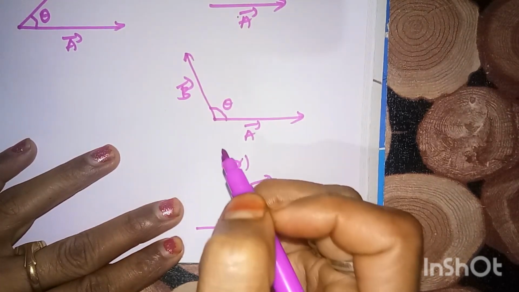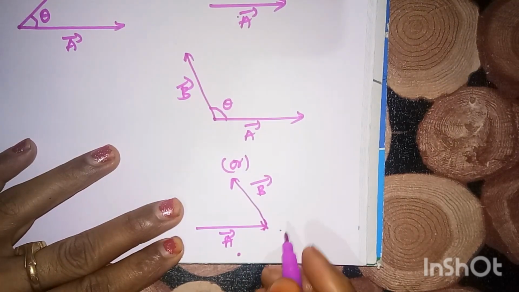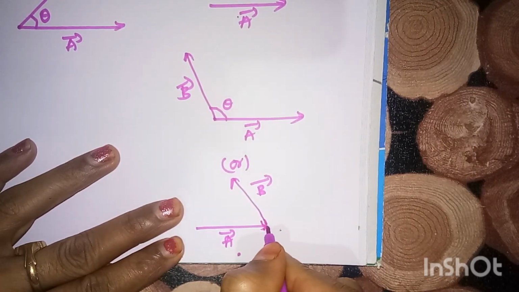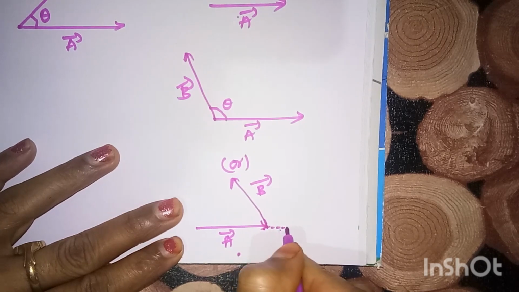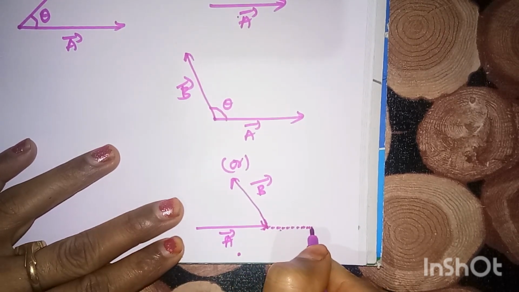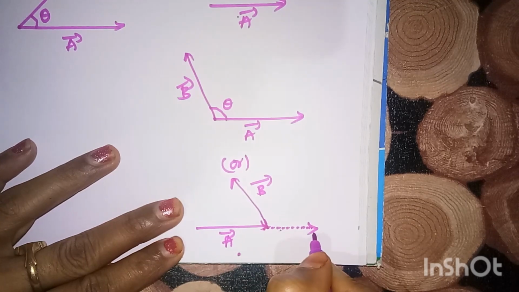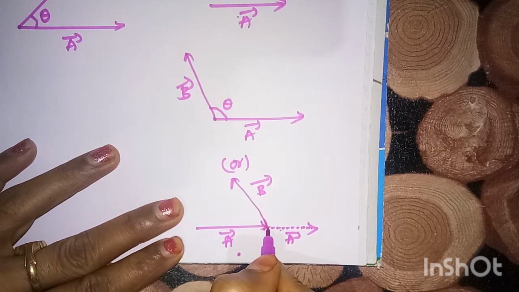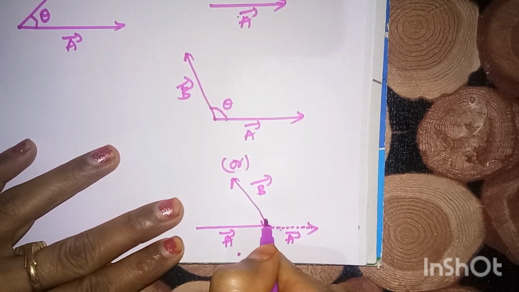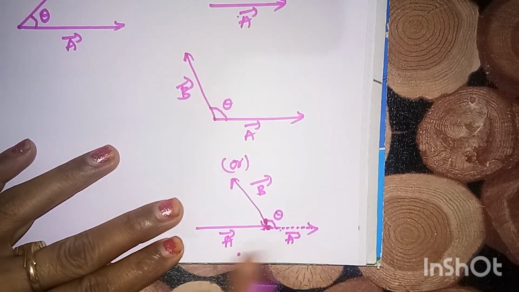So there is another possibility, that is by extending a bar. By extending the direction of a bar, you can find the angle like this. You can observe that by extending a bar, this will become a tail and this will become a tail itself. So here is the angle formed between the two vectors.